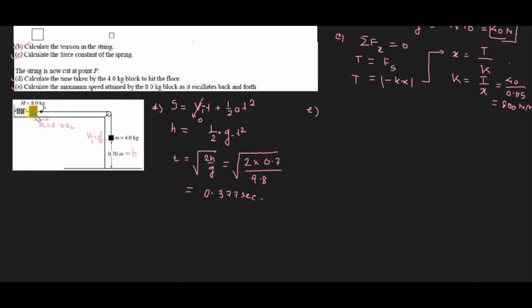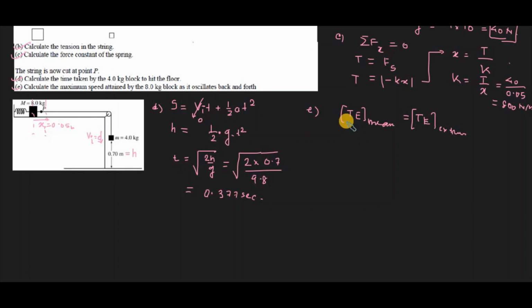From here, whenever it passes through its mean position, it will have the maximum velocity. So we can apply the conservation of energy. According to the conservation of energy, this will be the maximum position. So the total energy at the mean position will be the total energy at the extreme position.